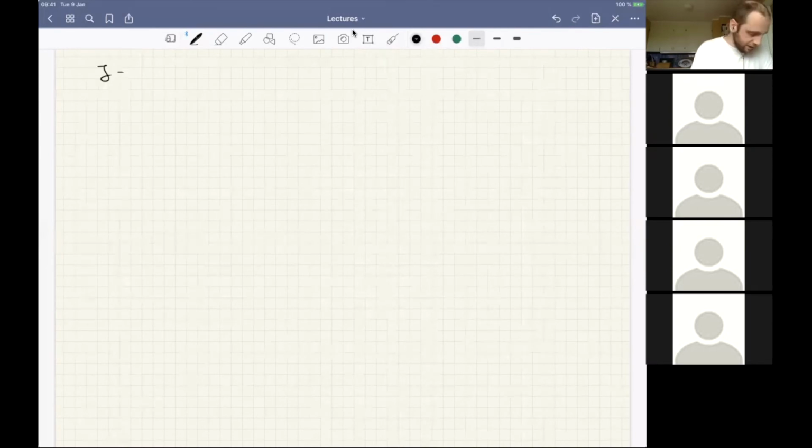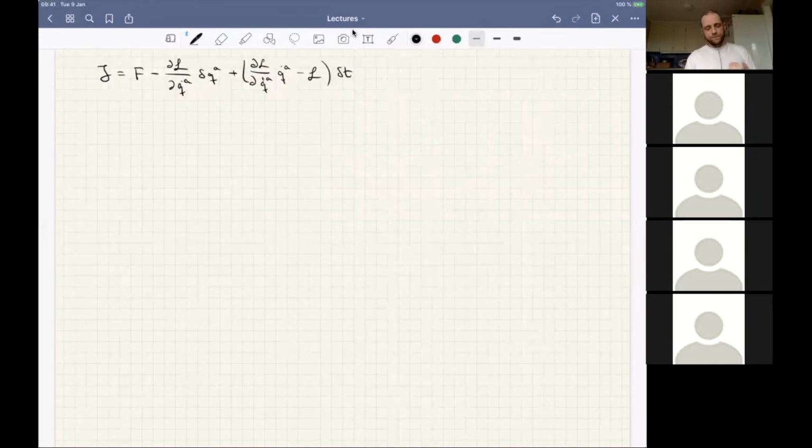Let's look at this constant of motion, which was f minus the L, and now I'm changing the sign here, q̇_A δq_A. I'm rewriting it a little bit. The L, the q̇_A, q̇_A minus L δt.